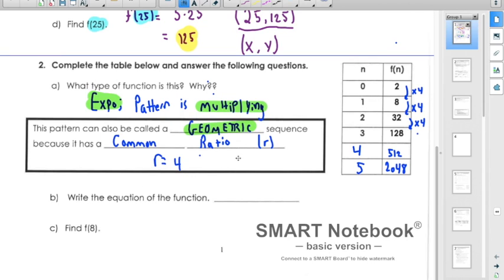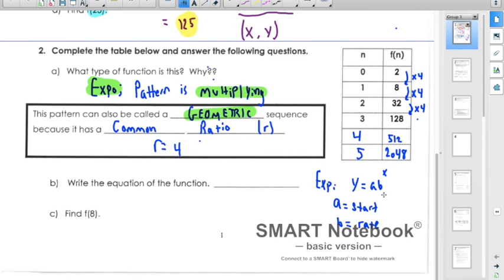Write the equation of the function. Well, recall exponential functions always follow this form. Y equals AB to the x. Right? Where A is your initial value, where A is your start or initial, and B is your rate. Okay.